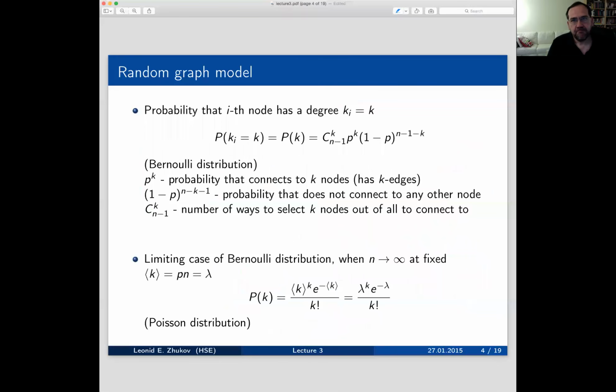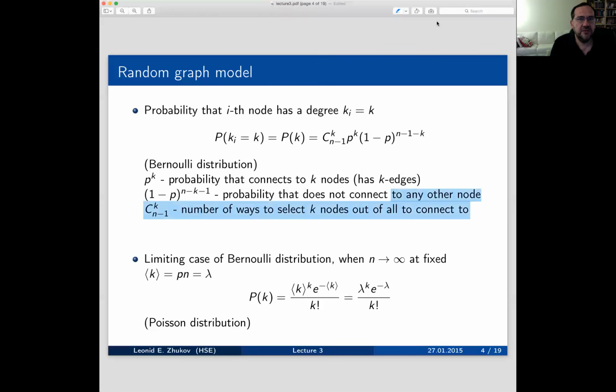So the question we would like to be able to answer is, within this model, what is the probability that a particular node has degree k?